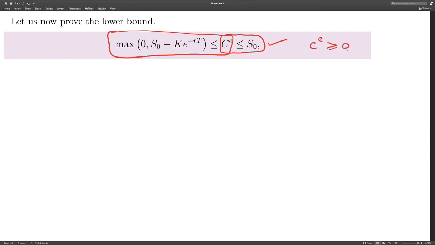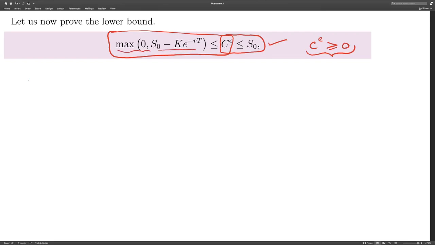It cannot be negative because the buyer is given the luxury of not having the obligation to execute the option, right? Therefore, to enjoy this luxury, the buyer has to pay some money. Therefore, the premium has to be a non-negative number. In fact, more precisely, it should be some positive number. Having the maximum of 0 comma something is justified there.